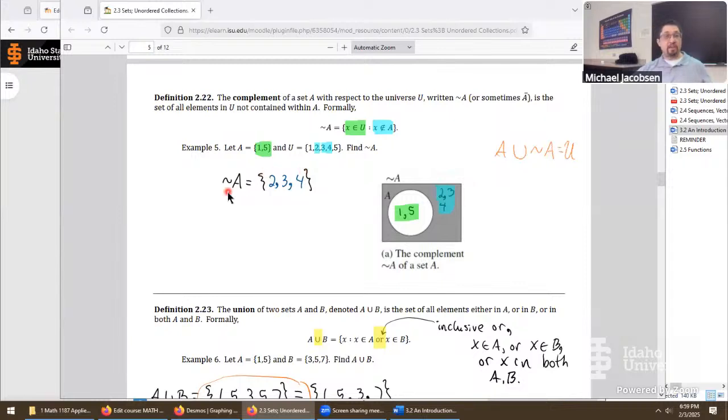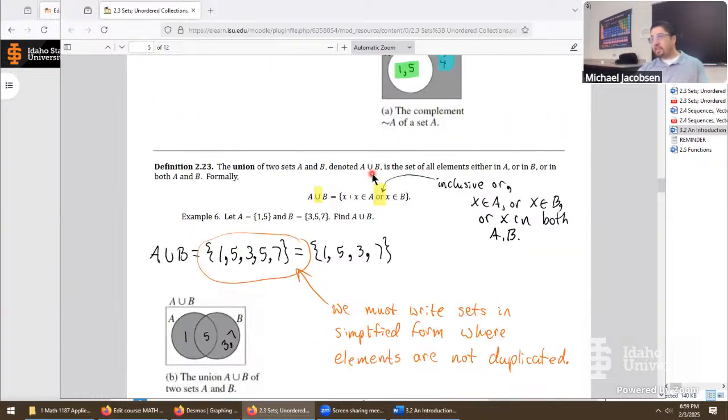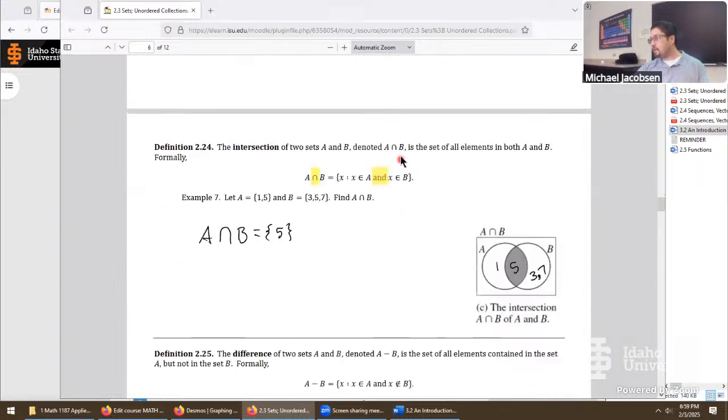This, the complement of a set, we're going to call the negation of a proposition. This one, the union of two sets, we'll call the conjunction of two propositions, P or Q. This one, the intersection of two sets, we'll call P and Q, for example. So all these kinds of things get related back.